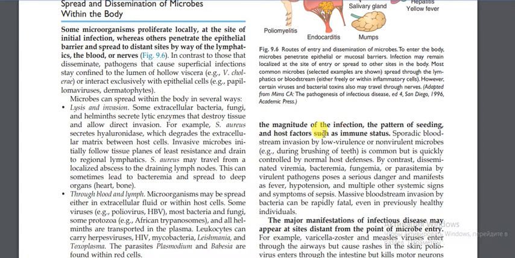But some bacteria cause disseminated viremia, bacteremia, fungemia. You understand? Emia means penetration into the blood. Virulent pathogens pose a serious danger and manifest as fever, hypotension, and multiple other systemic signs and symptoms of sepsis.